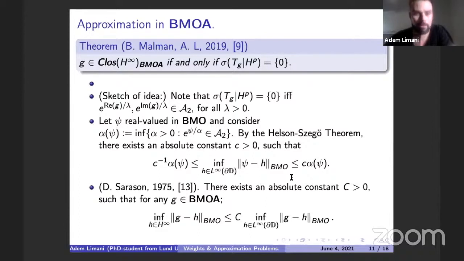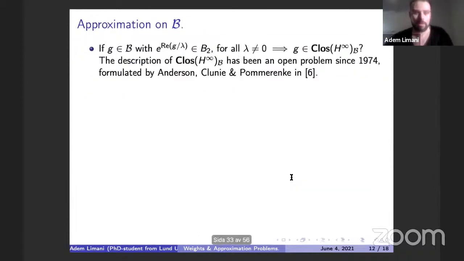Okay, and so this was the Hardy space setting. And then you could ask, well, what about the Bergman? Well, what about the Bloch? So say that e to the real part of g over lambda is in B2 for any non-zero lambda. Does this mean that we can characterize the closure of the Bloch?